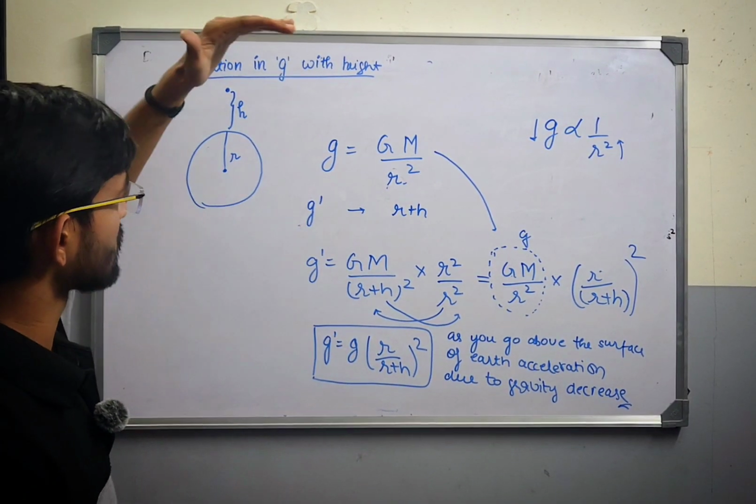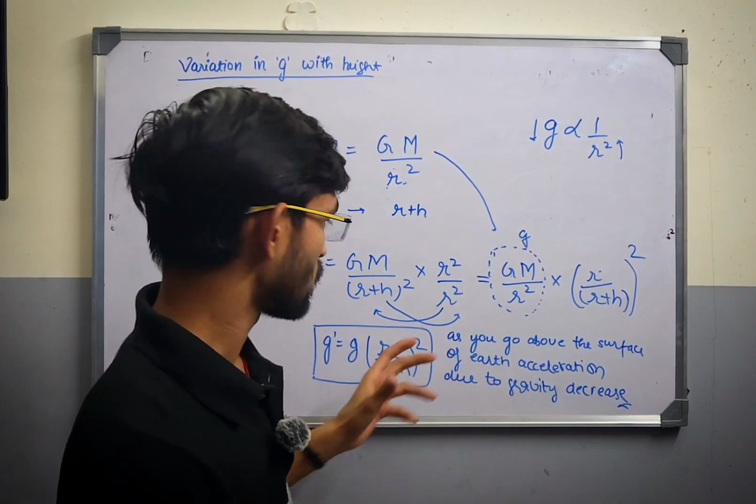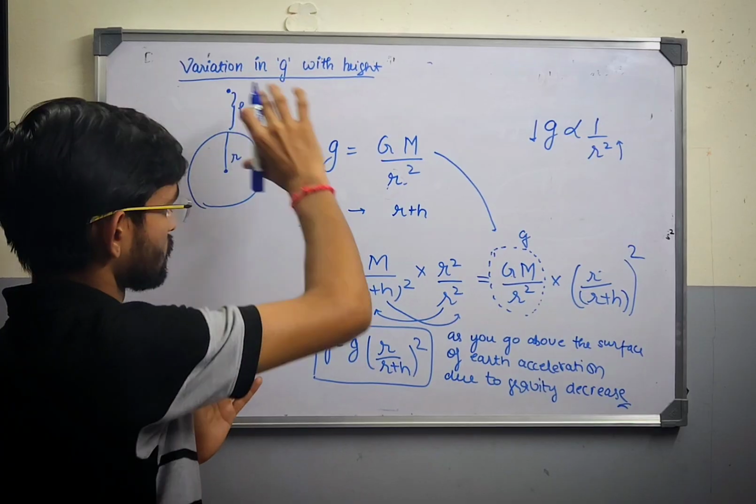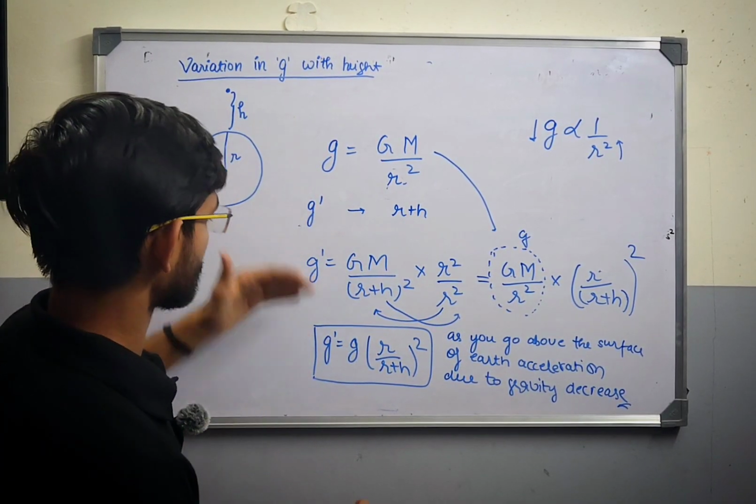There will be some distance at which acceleration due to gravity will be zero, because as you go above the surface of Earth, its value is decreasing.